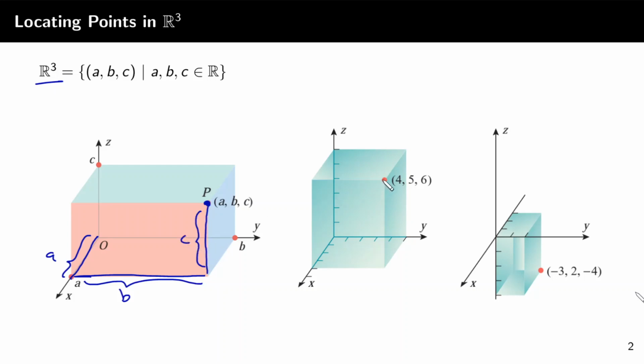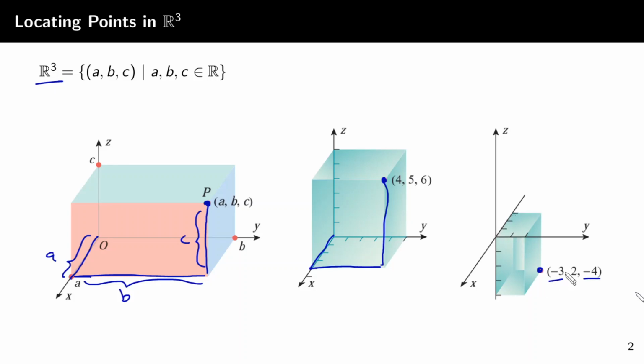So for example, gusto nyong i-locate yung point with coordinates 4, 5, 6. You count 4 units along the x-axis, and then 5 units towards the right, and then 6 units pataas. Now if you want to locate the point with coordinates negative 3, 2, and 4, so the difference here is negative yung x-coordinate natin at yung z-coordinate. So kung negative, ang bilang natin ng units ay towards the opposite direction of that particular axis.